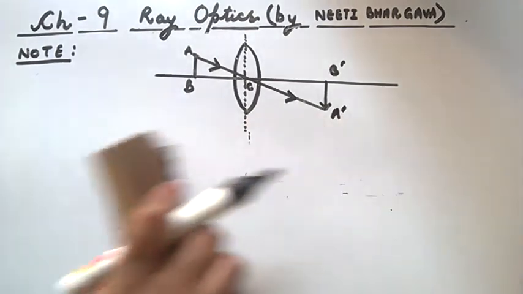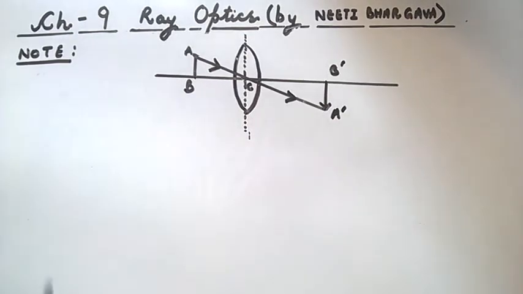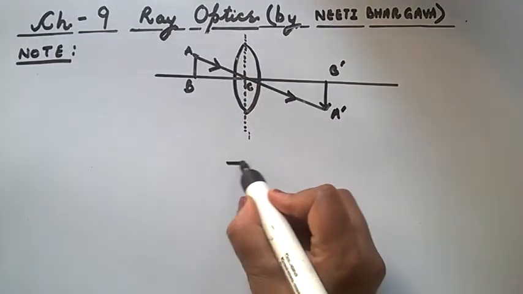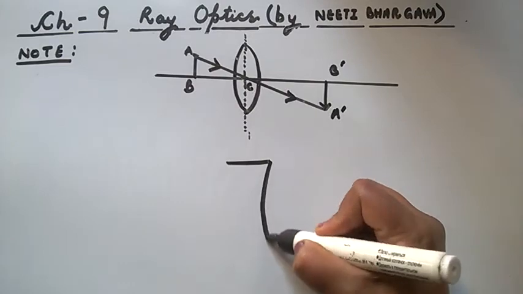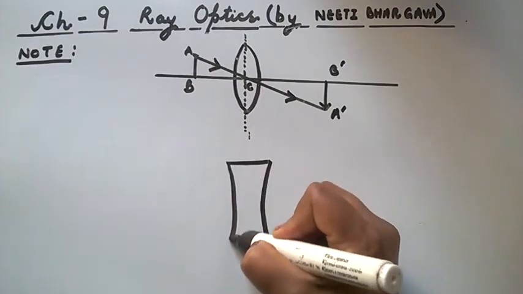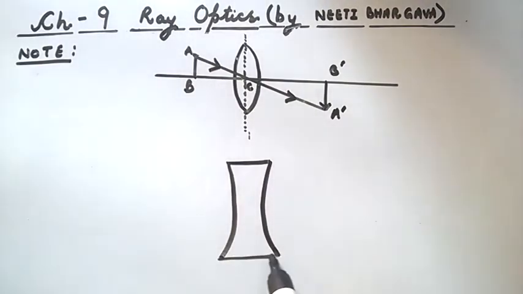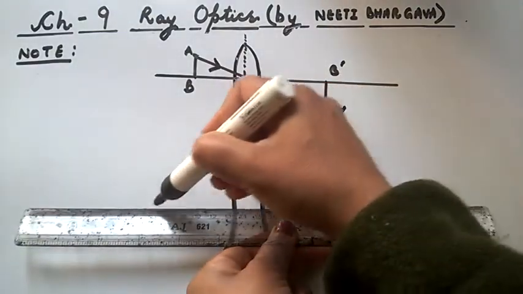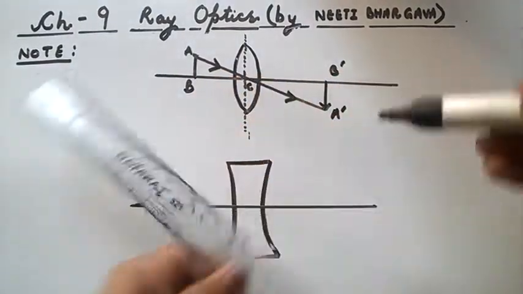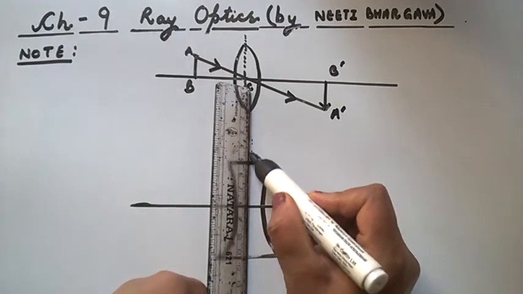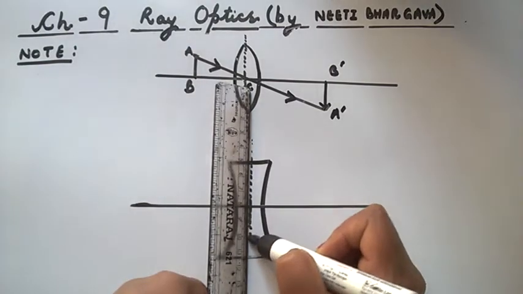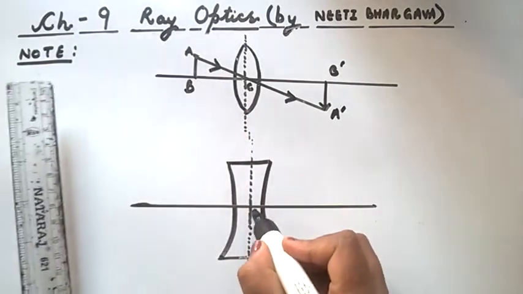And when we consider another case, that is concave lens, and the rays are passing parallel to the principal axis through the concave lens, then as this is a diverging lens, the rays after refraction will diverge. This is the optical center.